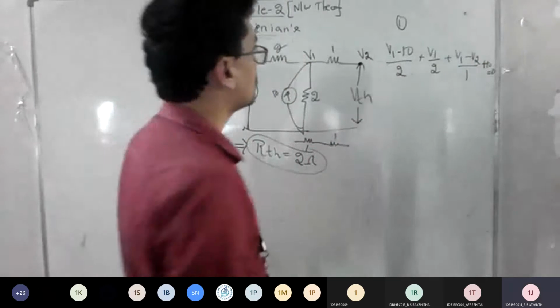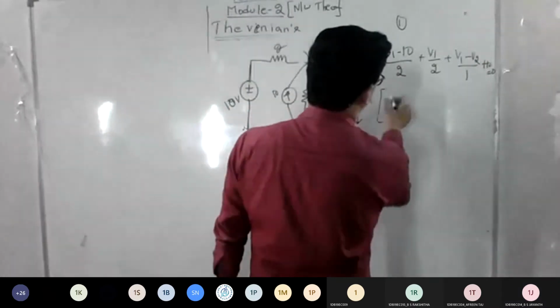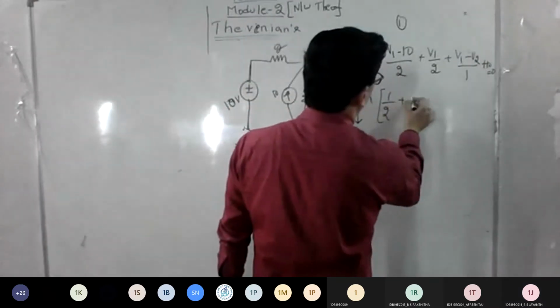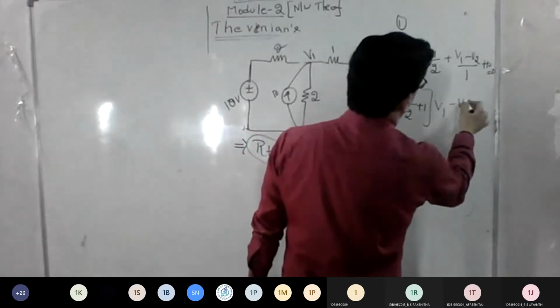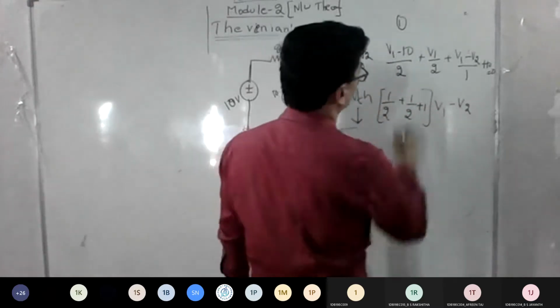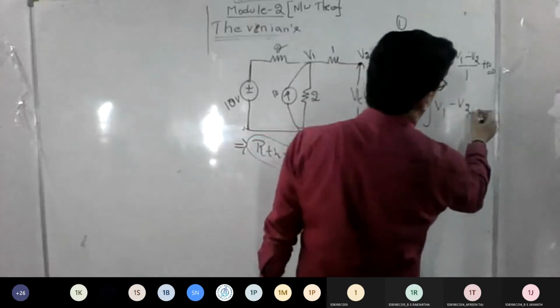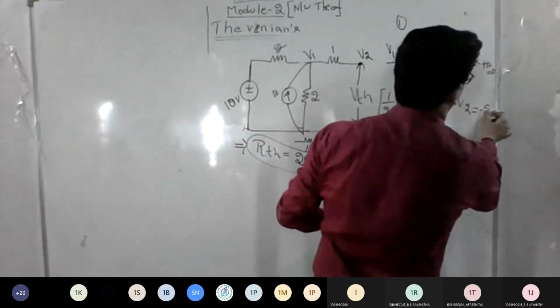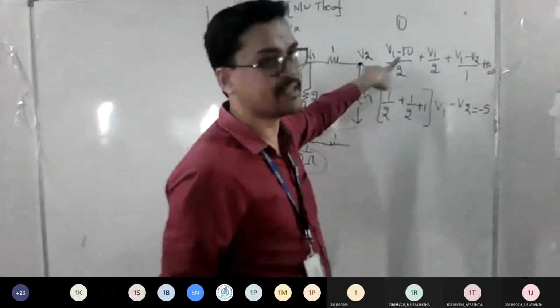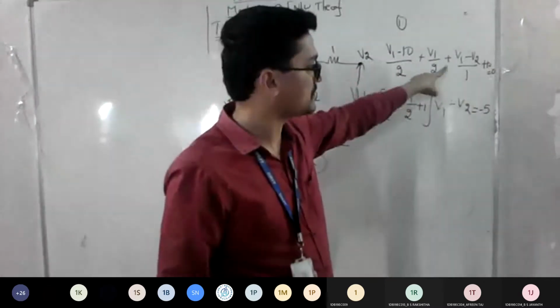Yes, sir. Okay, so let me put all V1 terms in one category: 1 by 2 plus 1 by 2 plus 1, and minus V2, and again it's minus 5 plus 10. So it is plus 5 equal to 0, or equals minus 5? Minus 5 is there, plus 10 is there, so it becomes plus 5.